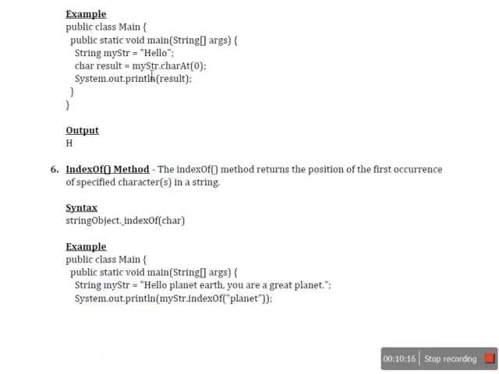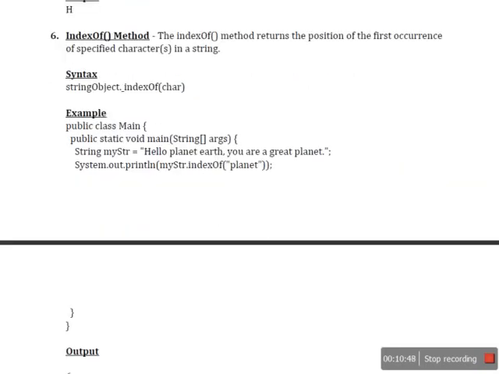This is your main method where you will be using public class main, public static void main string args, and this myStr is your string having the value hello. We have taken a character variable, that is result, and in that we are storing mystr.charAt 0. So at the 0th index, what is the element? H is the element. So the output will be H.